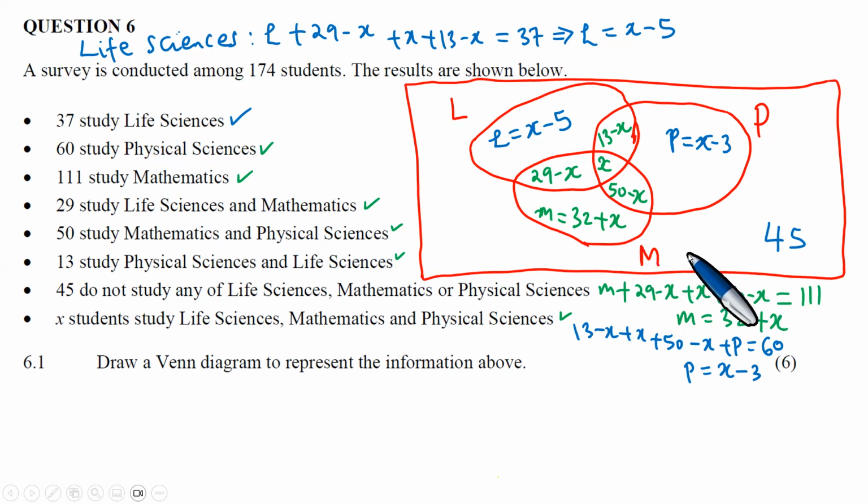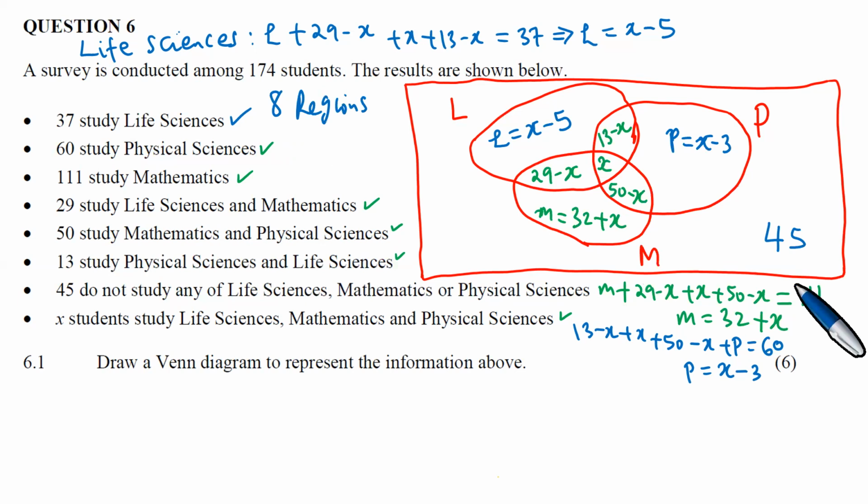Okay. Is the Venn diagram complete? Let's check. The Venn diagram, as drawn here, must have a total of 8 regions. Are all the 8 regions filled in? 1, 2, 3, 4, 5, 6, 7, 8.